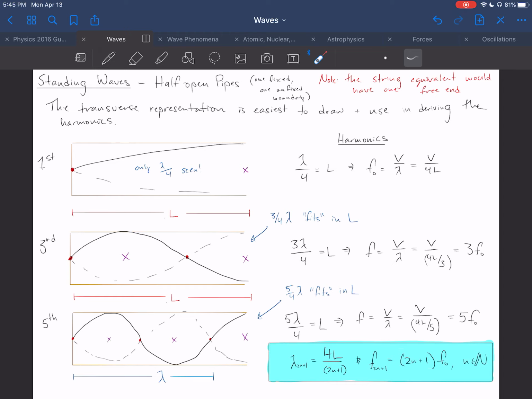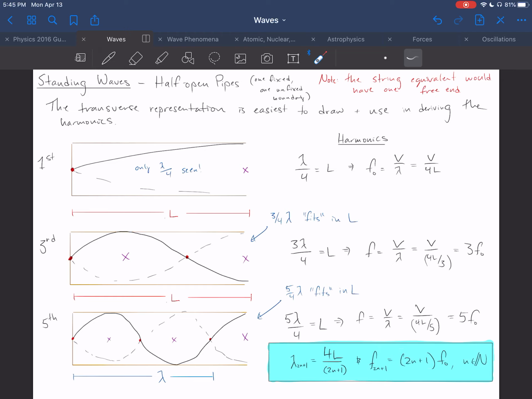So 3/4 lambda equals L means that the frequency of this particular harmonic is equal to v over lambda, which is equal to v over 4L divided by 3, because of our relationship here. This means that the frequency of this harmonic is 3 times that fundamental frequency.